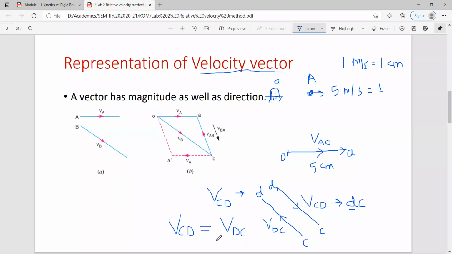You know that a vector has not only magnitude but also direction. That's why we cannot equate these two, and we show a negative sign here: velocity of C with respect to D is equal to minus velocity of D with respect to C. I hope you understand how to label the vector, right?